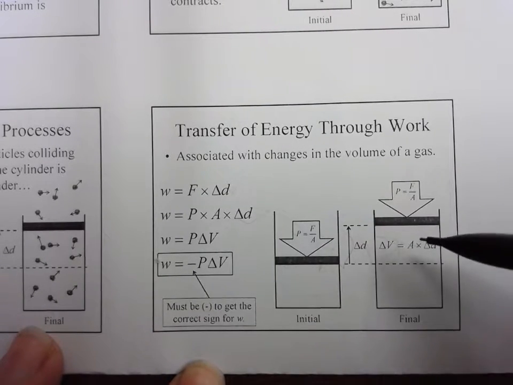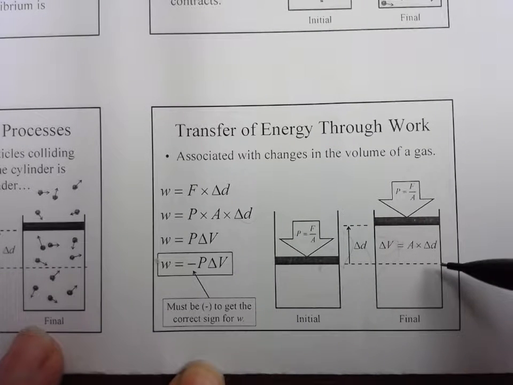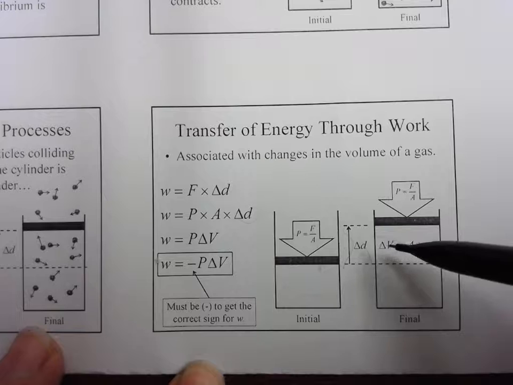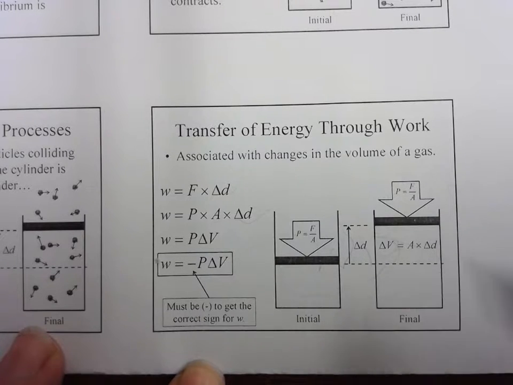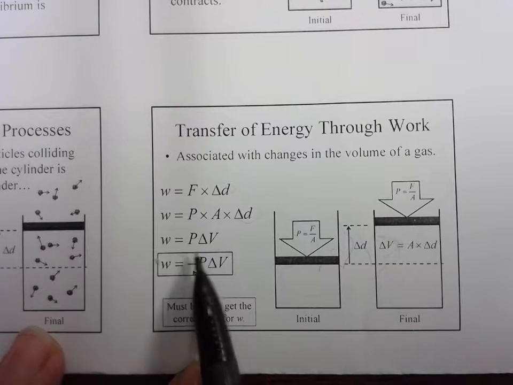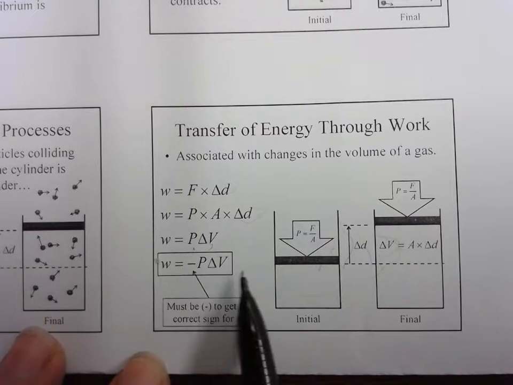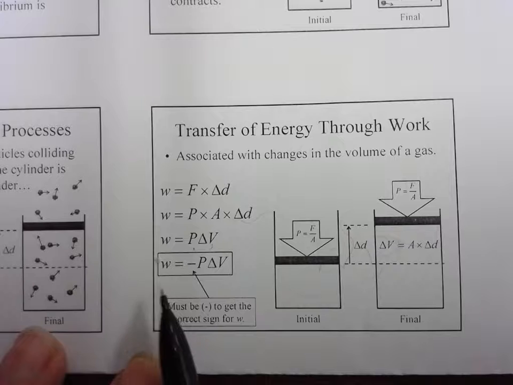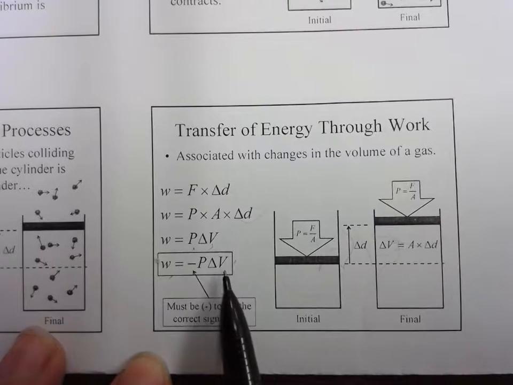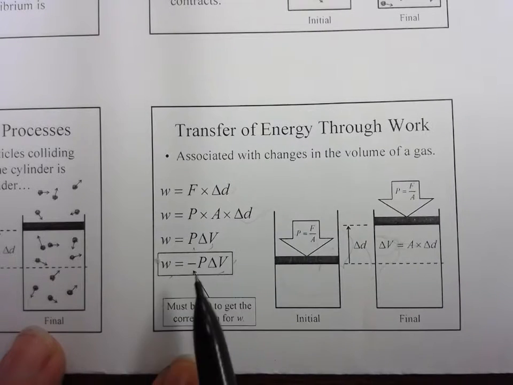Now volume is equal to area times that change in distance. So then we can substitute further, work is equal to pressure times your change in volume. So this is the derivation for work and how work is associated to your change in volume. Okay, you have to have this negative sign.